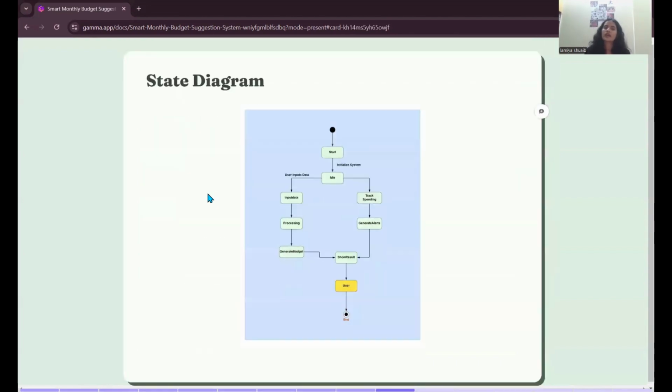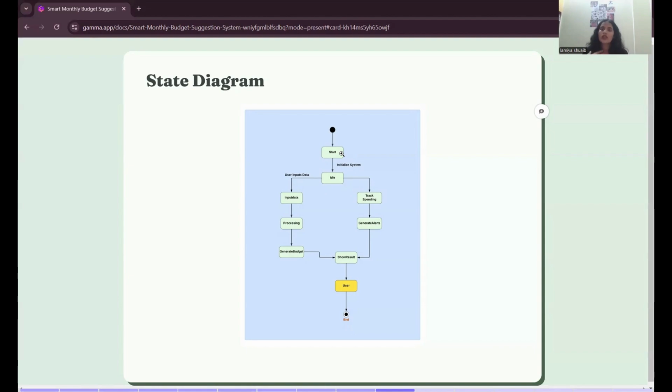So moving on to the diagram. Here we can see that there is a start option, and once you start the system you will find an idle state. Here the system expects the user to log in or sign up. Then there are two processes happening simultaneously. One process is where the user inputs the data.